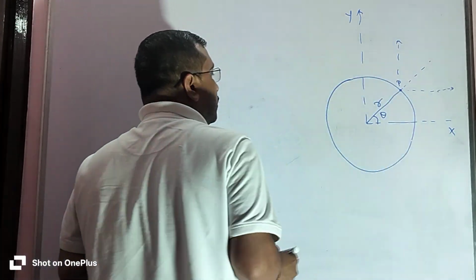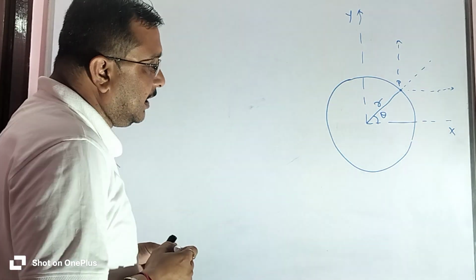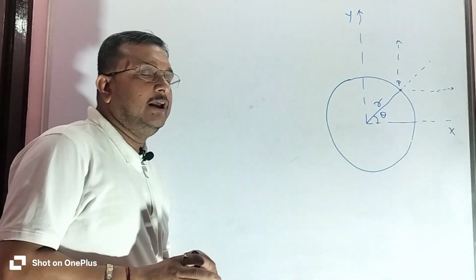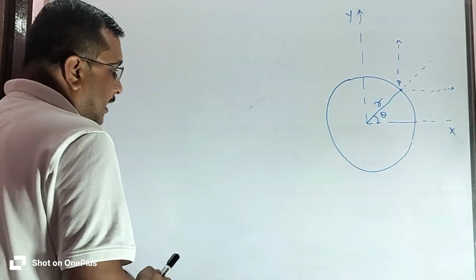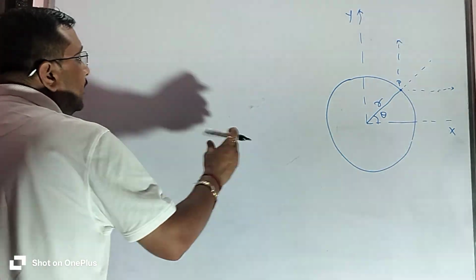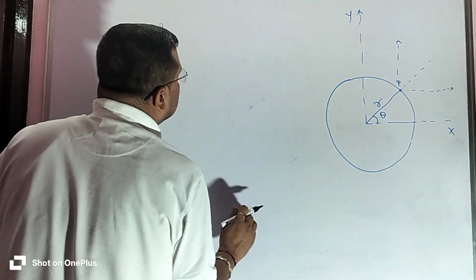So the position vector of P will be written as r cos theta i plus r sin theta j.